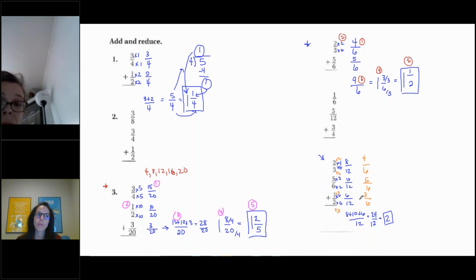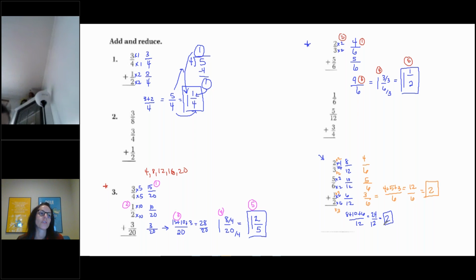Are you ladies following me, or am I confusing you? So your denominator is 6. Your numerator is 4 plus 5 plus 3, which is 12 on the top, 6 on the bottom. 6 goes into 12 2 times with none left over. I'm not going to do it with the 18, but I think you get the picture.